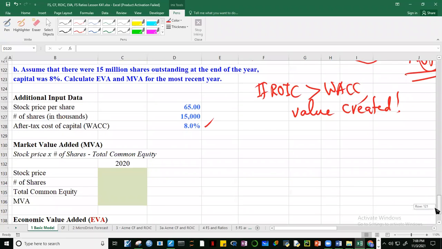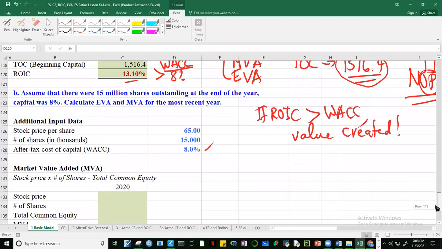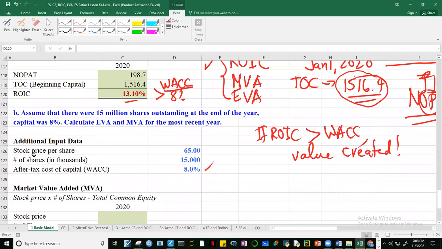How can we compute for market value added? We have additional data here. The stock price was 65. The number of shares is 15,000 thousands. But we have to convert this into millions because our data is in millions, kasi yung balance sheet natin, income statement in millions. Since this is in thousands, in order to convert it into millions, we have to divide by 1,000.